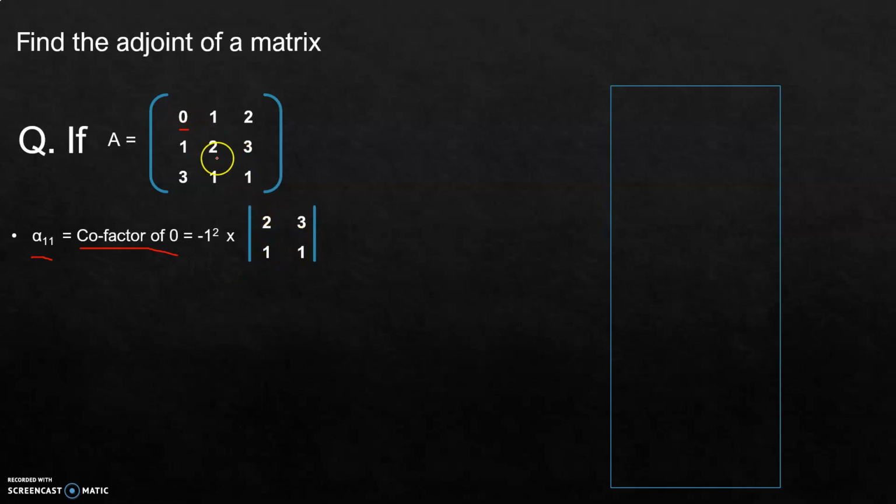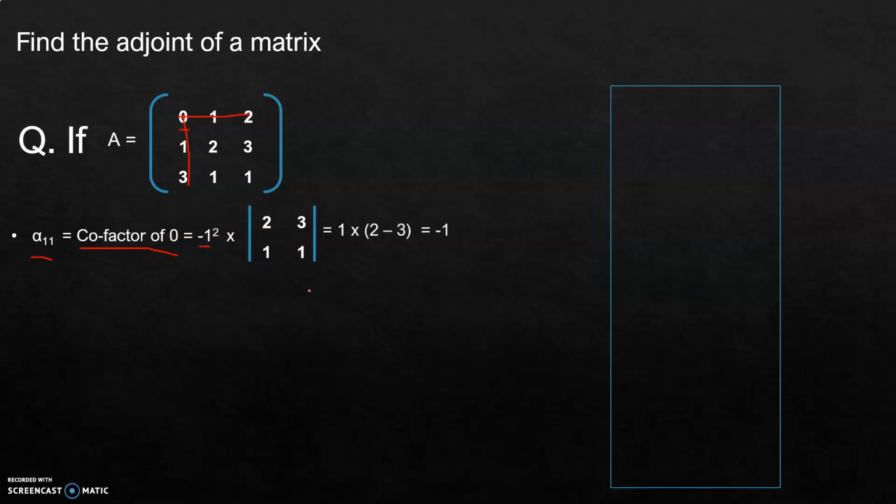the elements obtained after deleting the row and the column in which the item lies. That we call the minor. So the determinant value of this we call the minor. When we multiply that minor with this, we get the cofactor.